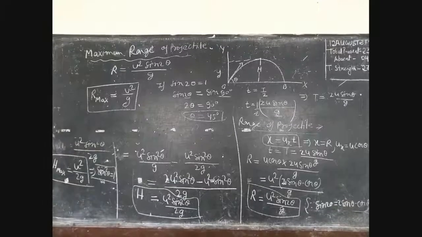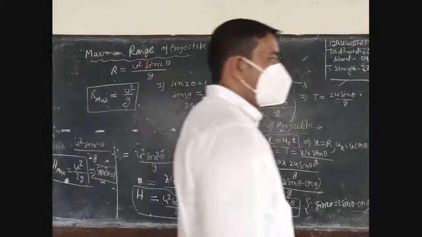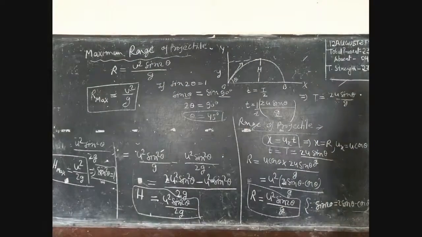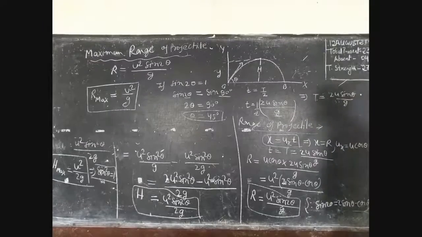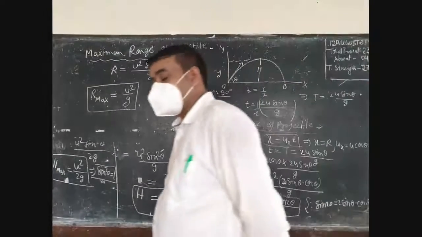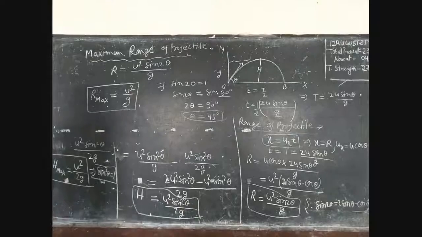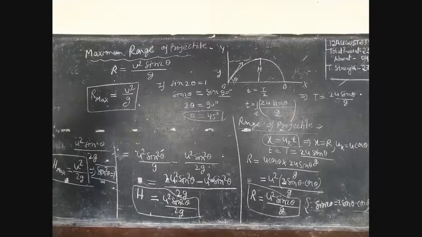Next, see, this is important. Two angles of projection for the same range, or you can say two different angles for the same range of projectile.